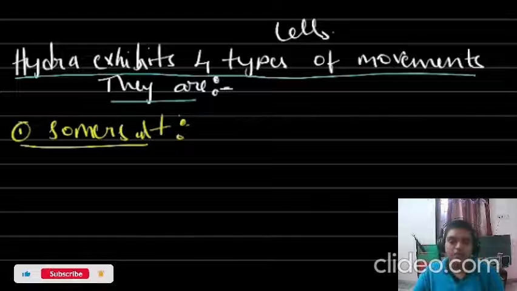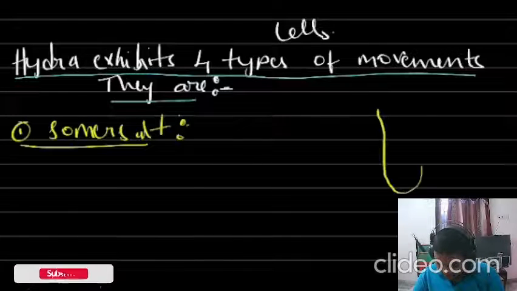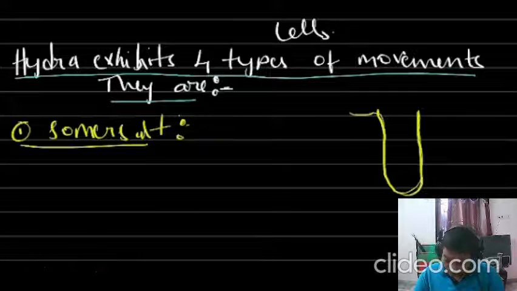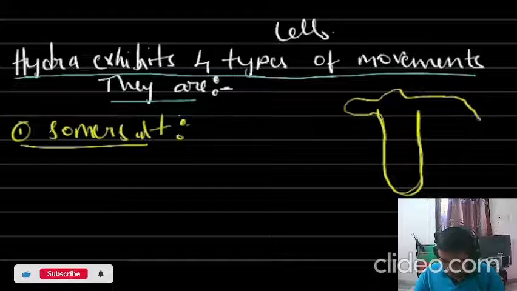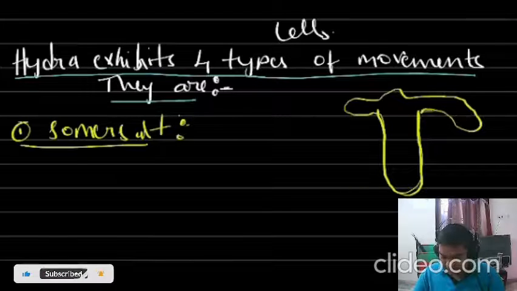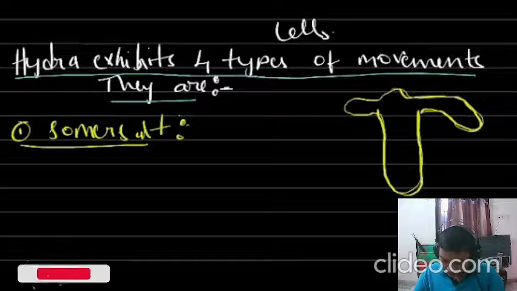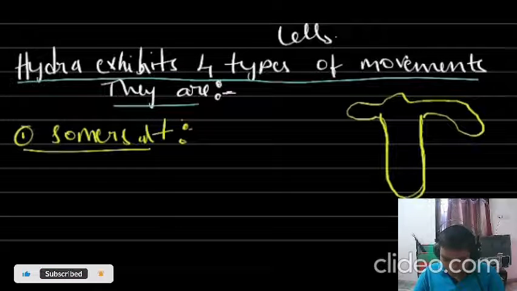Like that only Hydra is also having tentacles. Let me try to show you those tentacles. This is the Hydra. See, these are the tentacles. See these outgrowths. These are the tentacles.